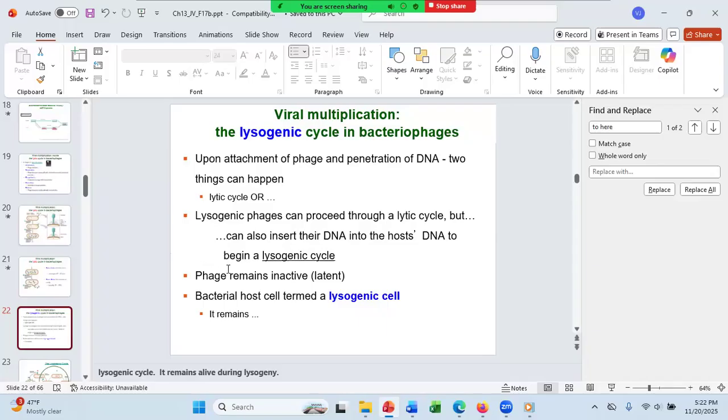The phage in the lysogenic life cycle remains inactive or latent. It does not synthesize the protein coat. Generally, it does not replicate the viral genome.